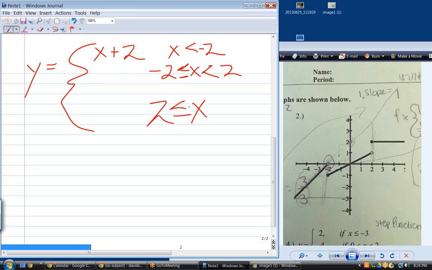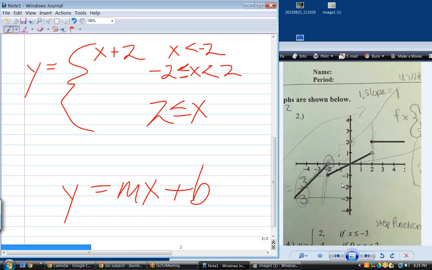Okay, now let's go to the middle one. It's a straight line also, so it's going to be described as y equals mx plus b. What's b? On the middle line segment. 0. Okay, what's the slope?